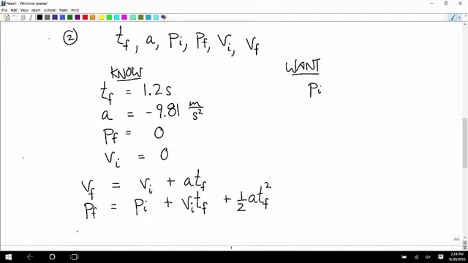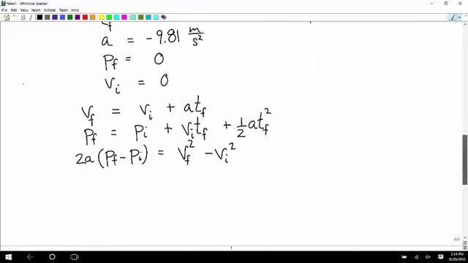And the last one says 2A times the quantity P F minus P I is equal to V F squared minus V I squared. So are there any of these 3 equations that have P I and everything else in the equation is known? The second one, yep.